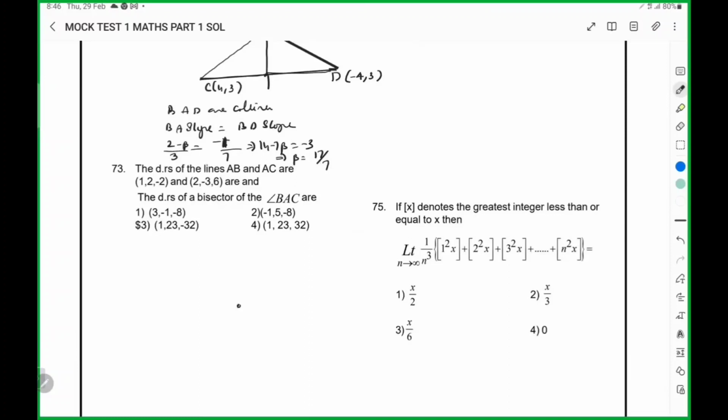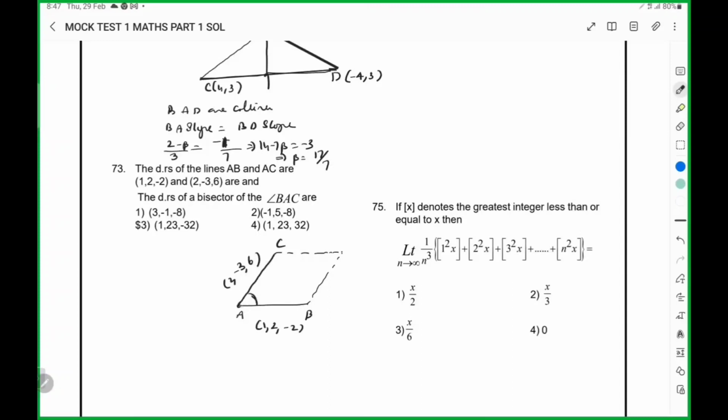So here, direction ratios of AB and AC are 1, 2, minus 2 and 2, minus 3, 6. This model he didn't touch in the first Mains, phase 1, so this model you can expect. To find the direction ratios of the angle bisector, you consider unit vectors so that AC and AB lengths are equal.